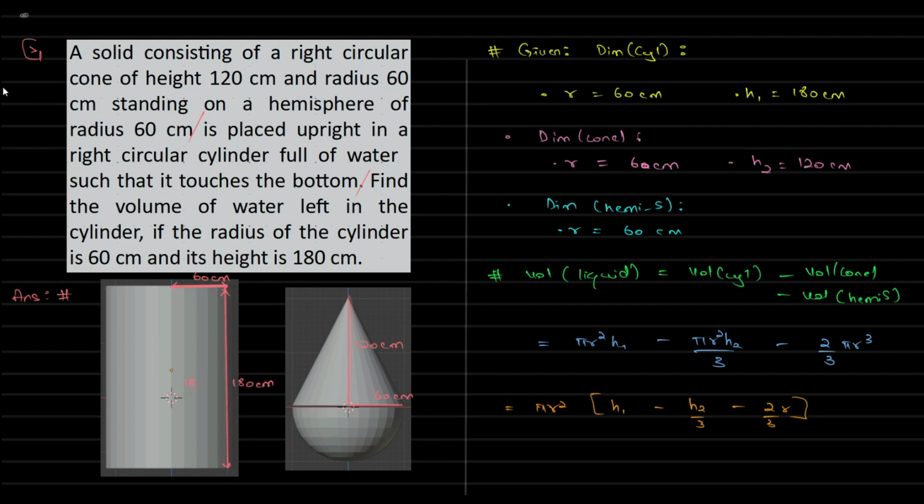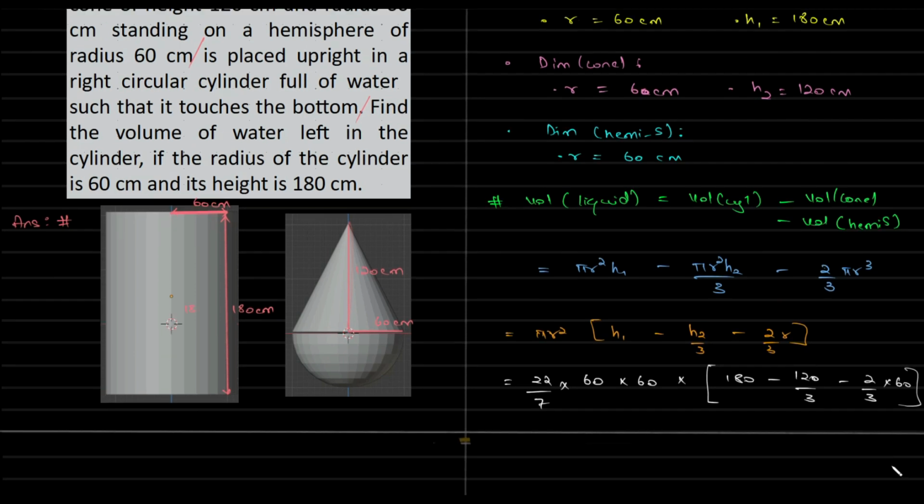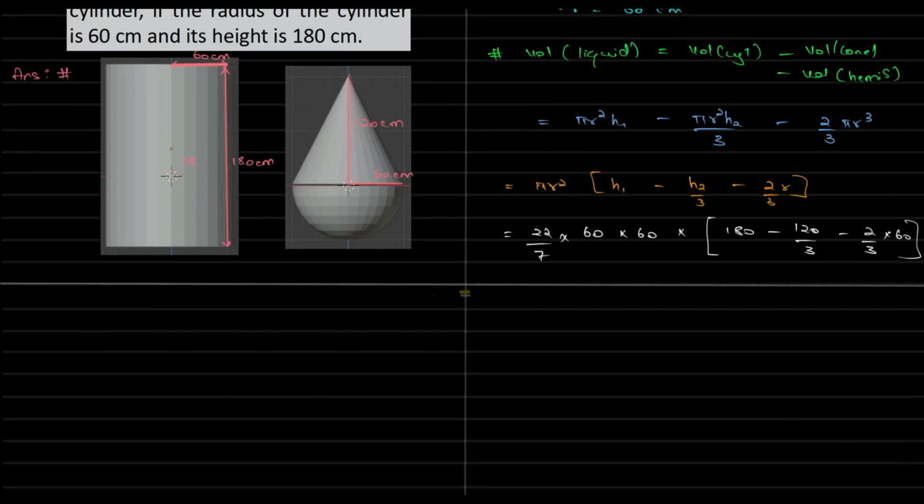Now it's just a matter of substituting and solving it. So this is 22 by 7 into radius 60 everywhere: 60 into 60 into height 180 minus 120 by 3 minus 2 by 3 into 60. Now a bit of calculation. One's 40s are, one's 20s are. So 80, 100, right?